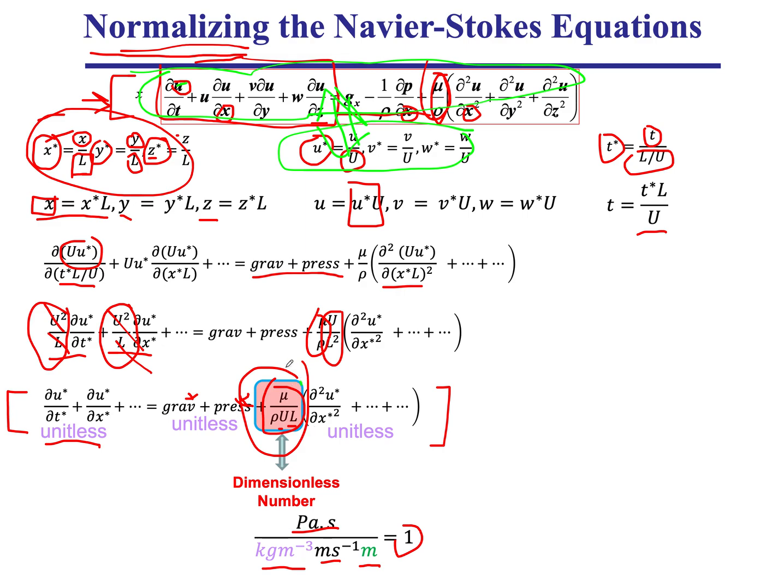That produced for me a dimensionless number. And we will see from now on that this dimensionless number is actually a very important quantity. So I would like you to pay attention to it and focus on this particular thing.